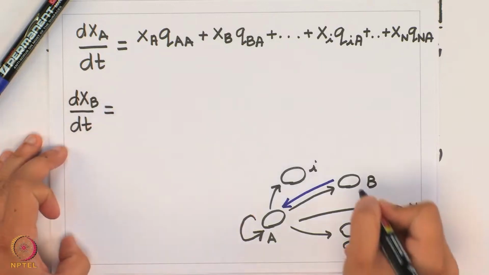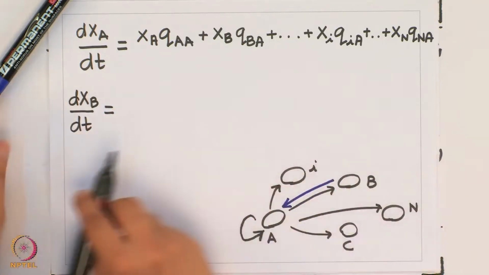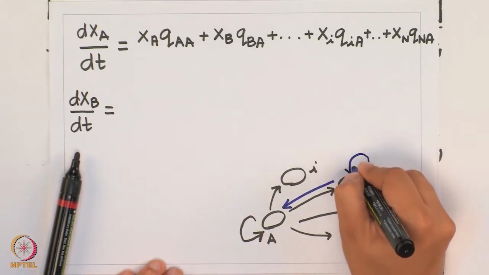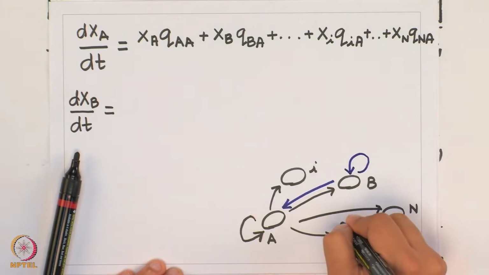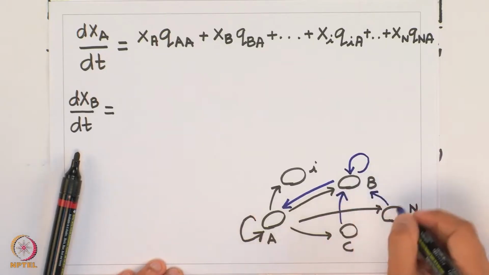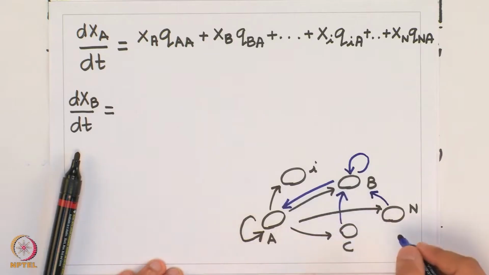When we are talking of node B, we are interested in capturing the dynamics of all the nodes which are incoming to B, where divisions are taking place of various genotypes in the environment, but the progeny being produced is of genotype B. These are all the arrows that we are interested in.